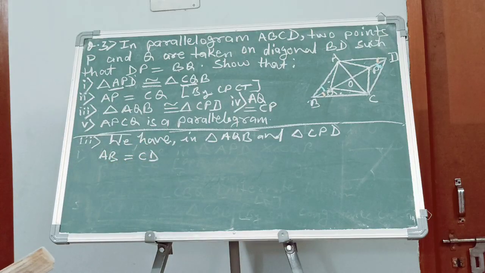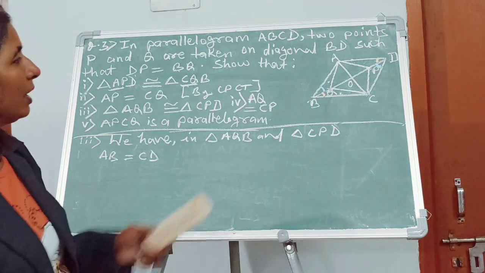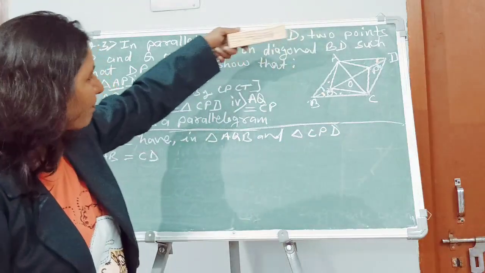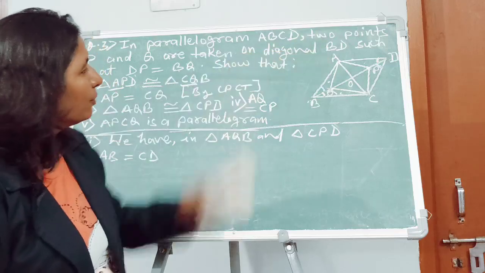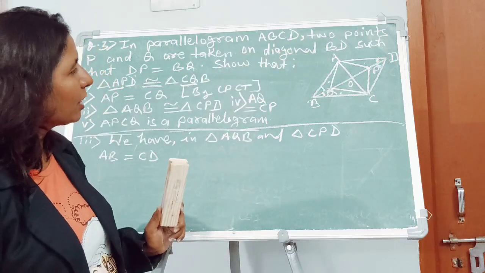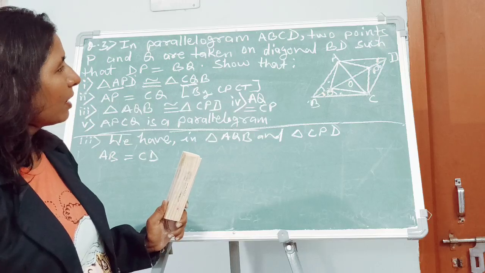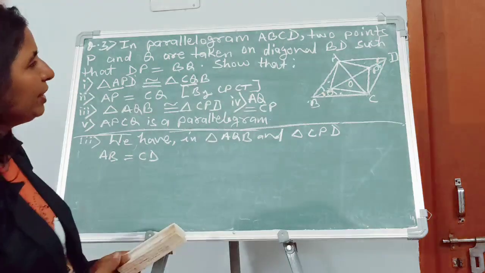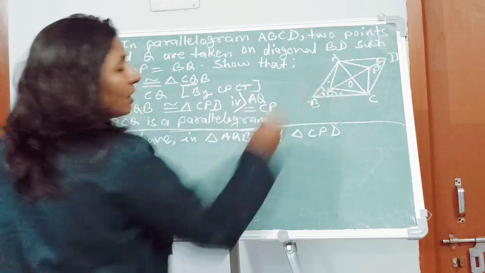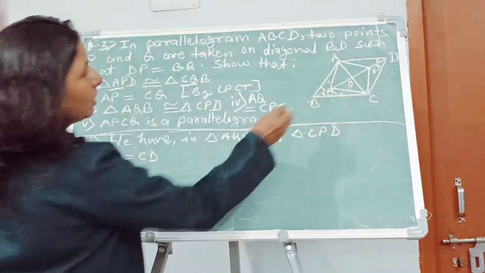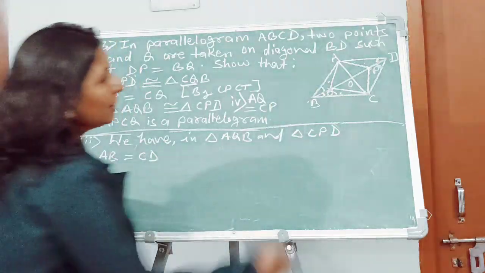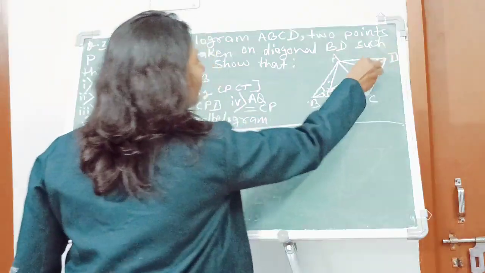Okay. Again you see this angle, which one? ABQ. ABQ is equal to CDP. This angle ABQ is equal to angle CDP.